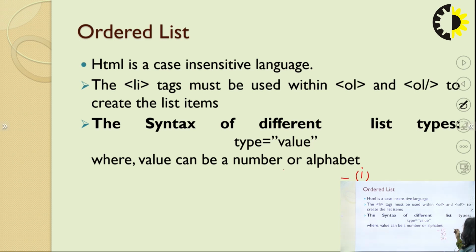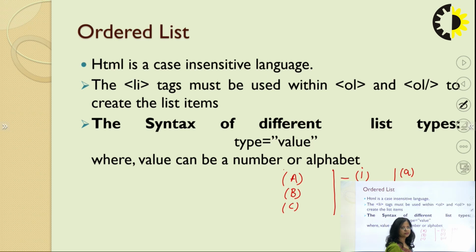If we want to represent the elements in some alphabetical order, we can represent in this way: a, b, c, or in capital letters like A, B and C. Or we can represent the letters in the form of Roman numbers.